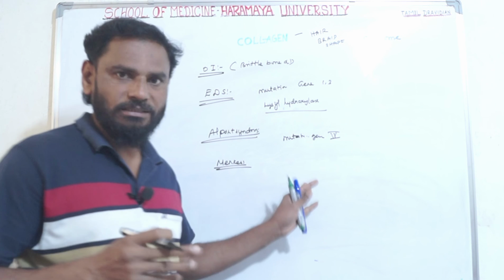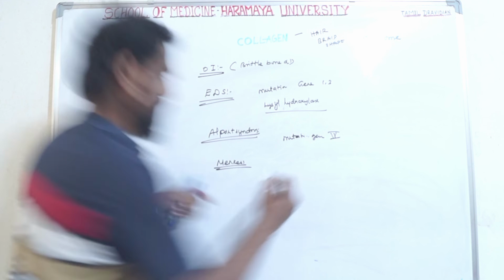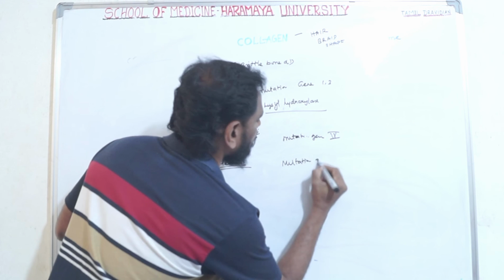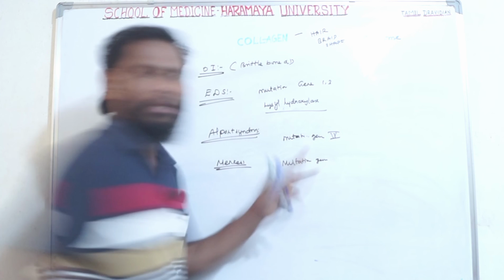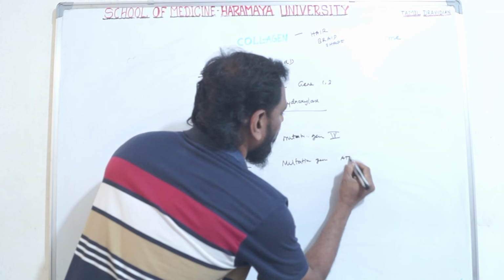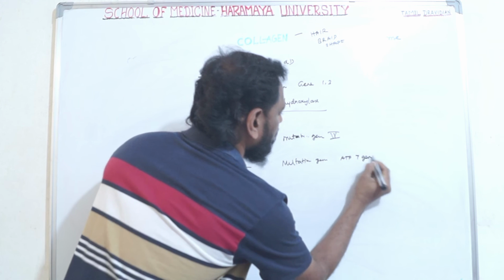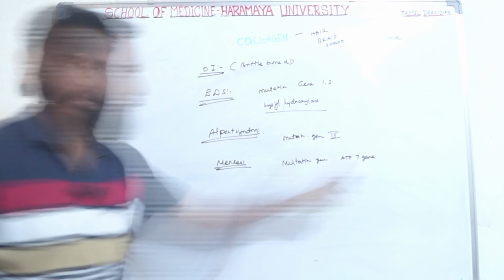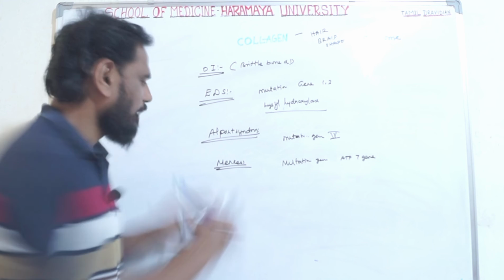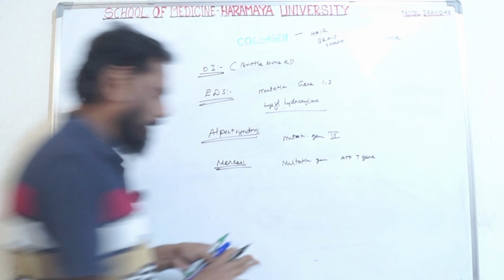And here also a mutation occurs. One special gene is the ATP7 gene, which is completely mutated, and that causes poor absorption of copper. Clear? That is called Menkes disease.